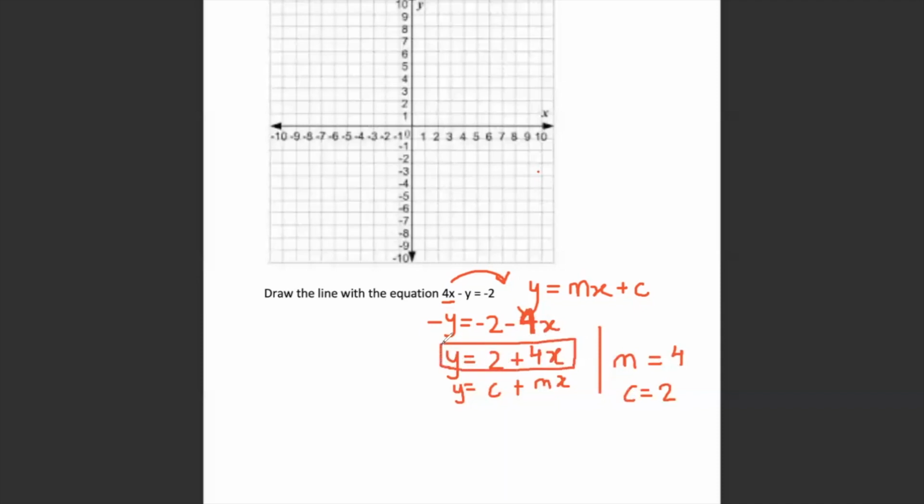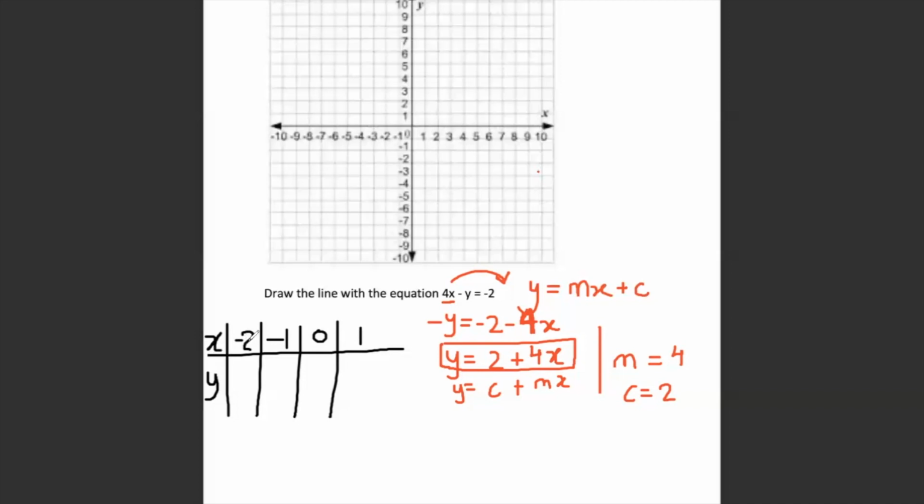Now let's find some points which satisfy this equation. So as we did in our previous question, we are going to do the same thing here. We are going to take some fixed values of x and calculate the corresponding values of y. So we are going to take minus 2, minus 1, 0, and 1 for x.